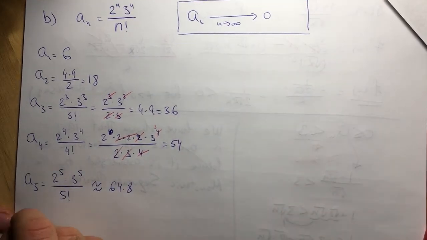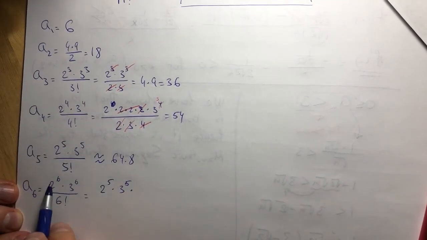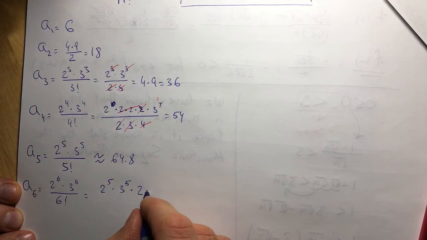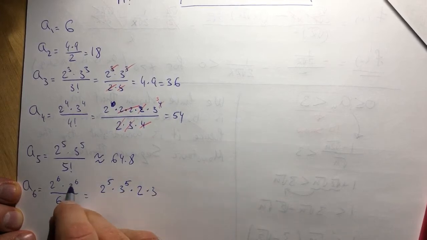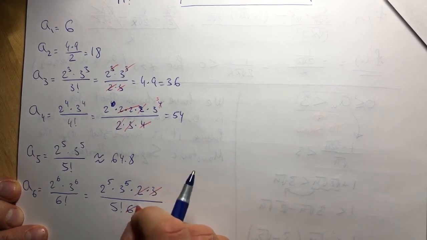Okay, and then the sixth term of the sequence is 2 to the power 6 times 3 to the power 6 over 6 factorial, which is equal to 2 to the power 5 times 3 to the power 5. So what is going on? I'm taking one exponent of 2 here, putting it aside. 2 times 2 to the power 5 is 2 to the power 6, and 3 times 3 to the power 5 is 3 to the power 6, and then I write 6 factorial as 5 factorial times 6, and then I cancel this.